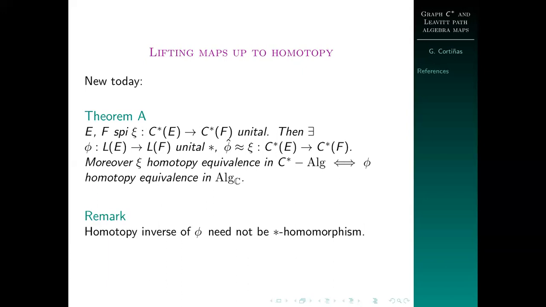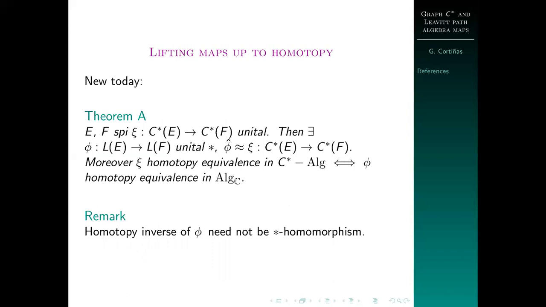I wish I had been able to prove that it does have a star homomorphism as homotopy inverse, but I haven't proved that. Only that it has an inverse that is an algebra homomorphism. Of course, if psi were a star isomorphism, then the inverse would be a star homomorphism too.